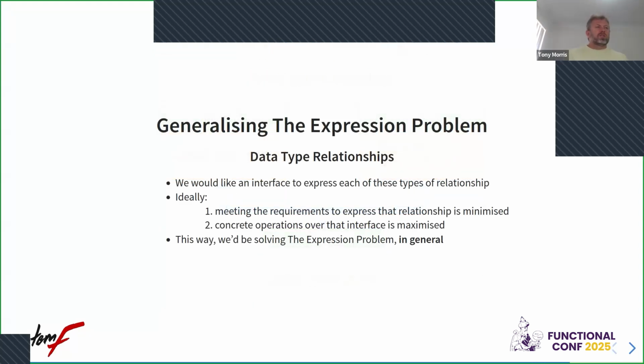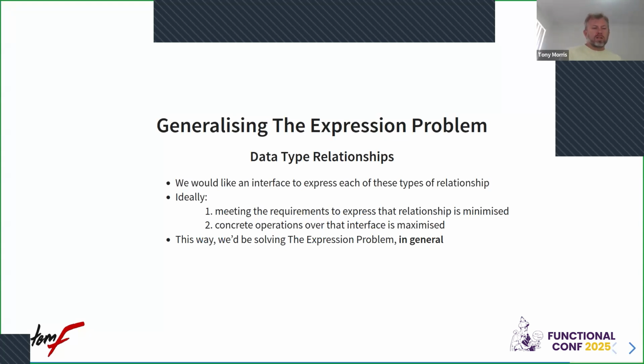So we would like an interface to express each of these relationships. We want that expression to be minimized in the definition of the interface, and we want the operations over that interface to be maximized. My meaning for maximized here is to be able to write all functions, including those that I can't think of yet.